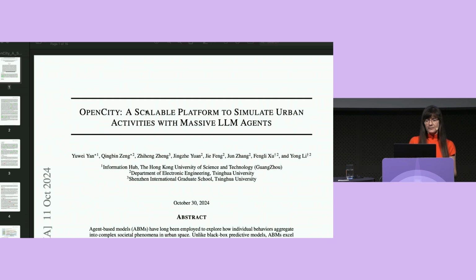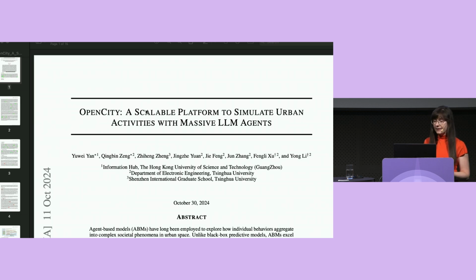Then another team of people went and tried to scale it up. So now we are not talking about 20 agents, we are talking about up to 10,000 agents in that kind of simulation.